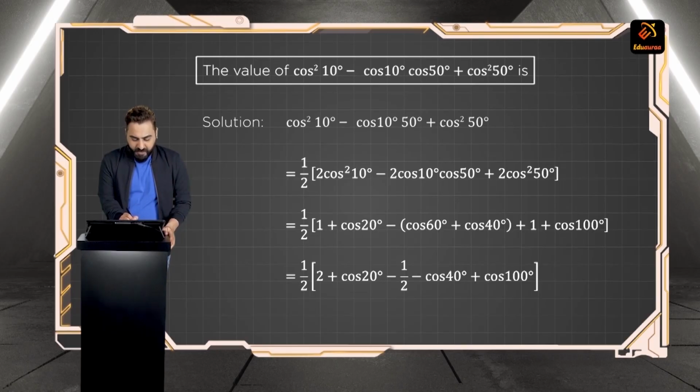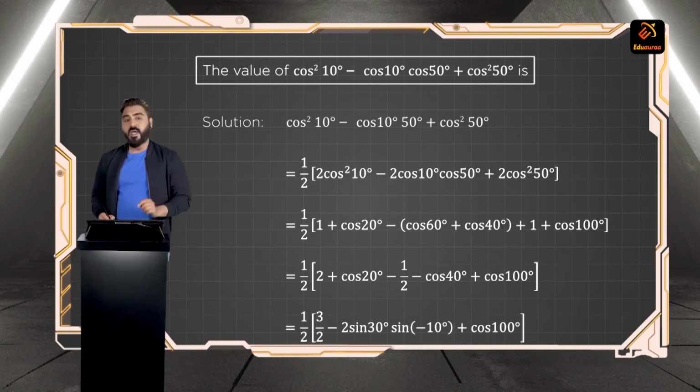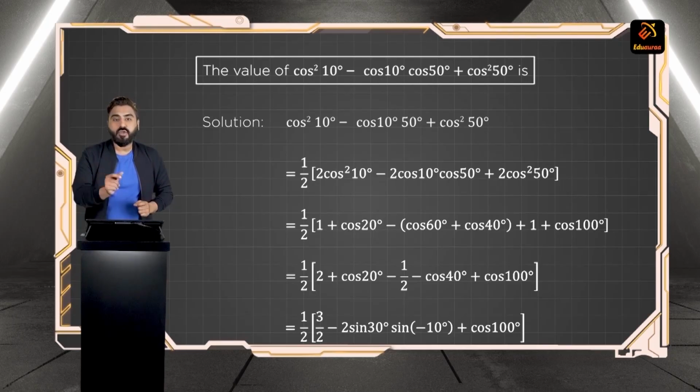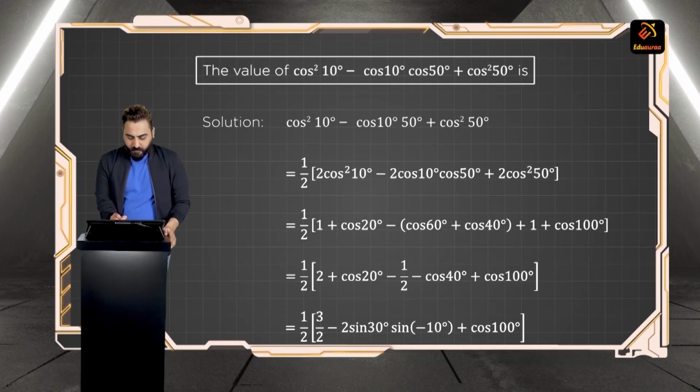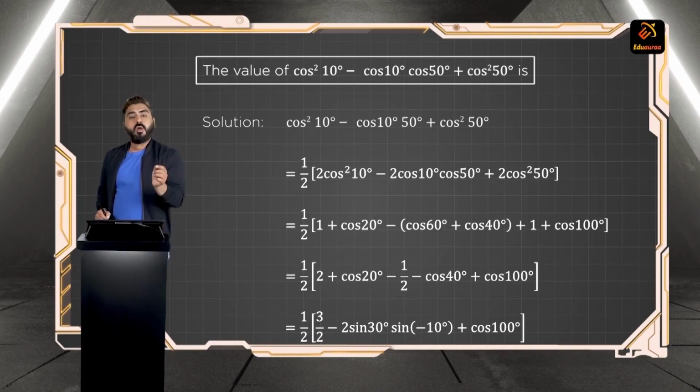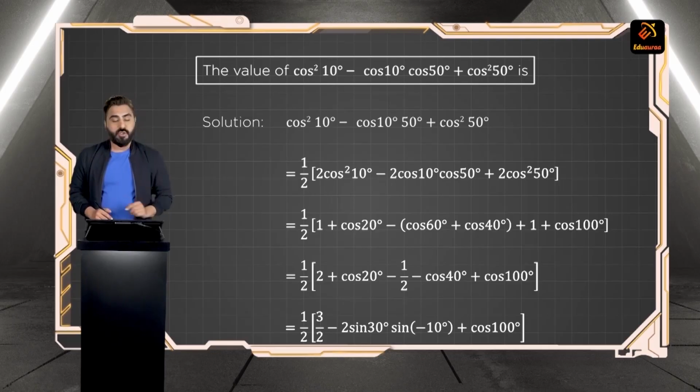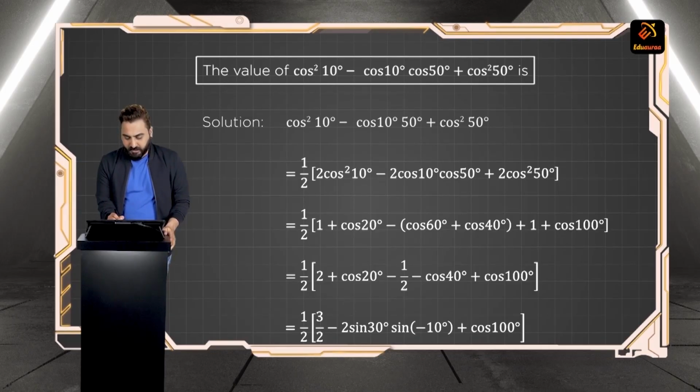So when we apply this factorization formula, we get 1 by 2 into 3 by 2 plus cos 20 minus cos 40 will become minus 2 sin 60 by 2, that is 30 degree, into sin minus 20 by 2, that is minus 10 degrees, plus cos of 100 degrees.